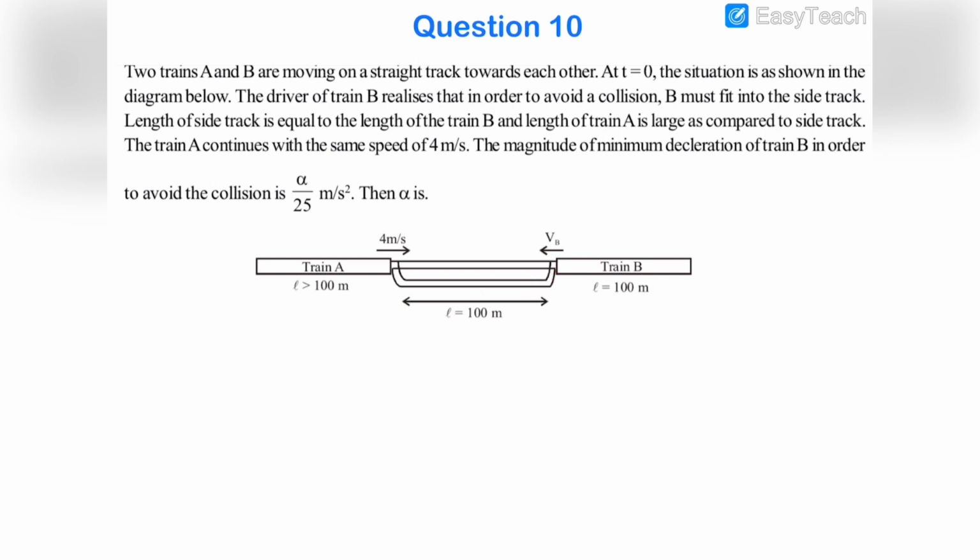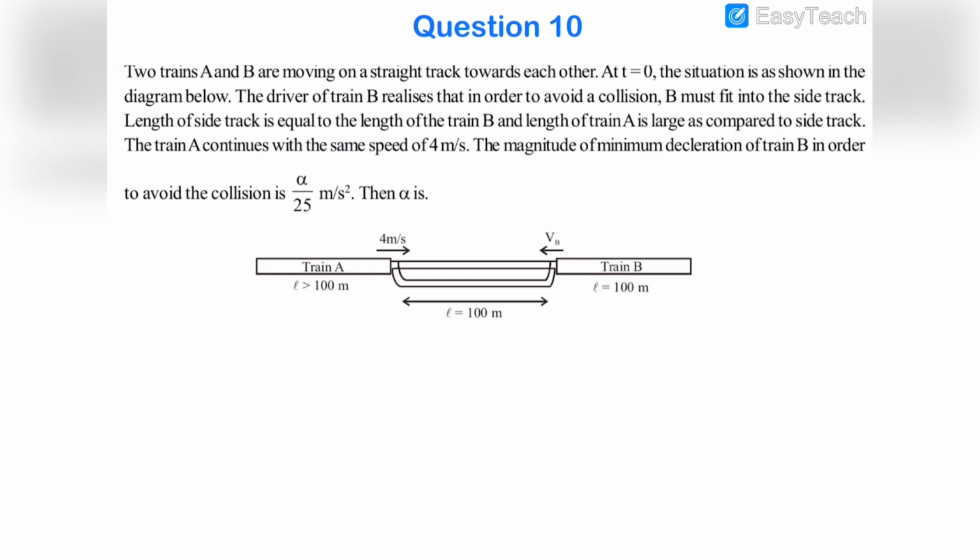The length of the side track is exactly equal to the length of train B, and the length of train A is very large as compared to the length of the side track. So it cannot be fitted in this track. So A continues to move with the same speed of 4 meters per second, and we have to find out the minimum magnitude of deceleration of train B so that the collision is avoided.